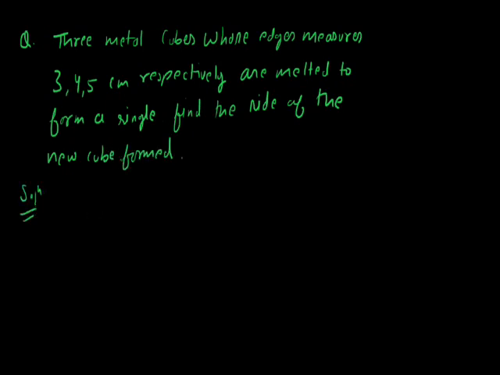So in this question we have three cubes. The first cube is of dimension 3, another cube is of dimension 4, and we have another cube of dimension 5. All these three cubes are melted to form a single cube.